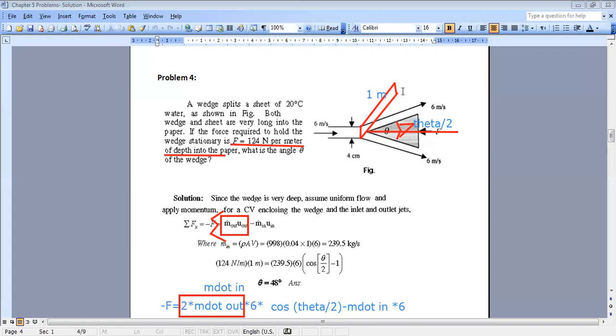If you take 2 meters, what does F become? It becomes 248. So whatever your force is, it is proportional to the width. The more the width increases, the more the force increases in the same proportion. This is why theta will remain the same.